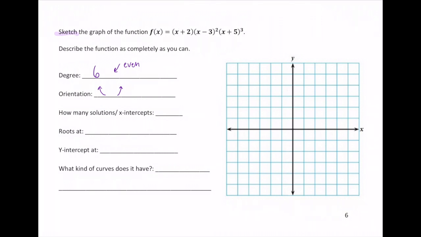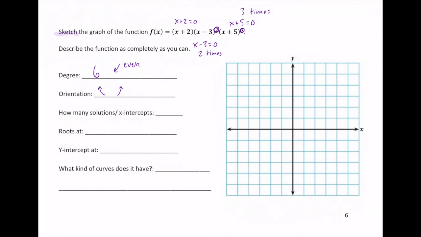We can set x plus 2 equal to 0, x minus 3 equal to 0, and we'll have that result 2 times. And then we can have x plus 5 equals 0, and we'll see that happen 3 times.